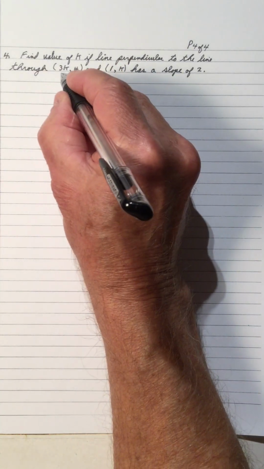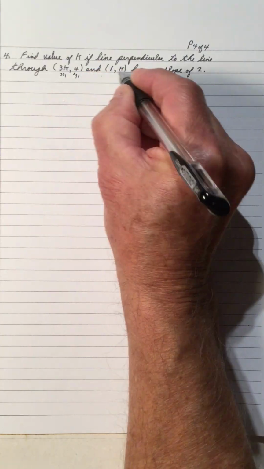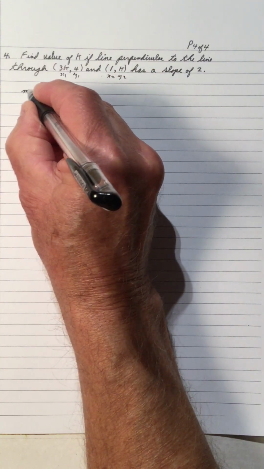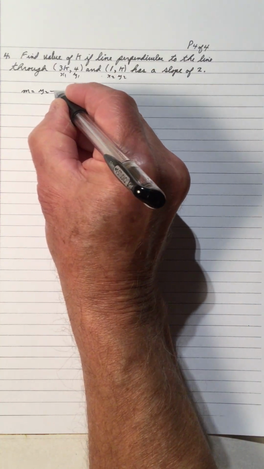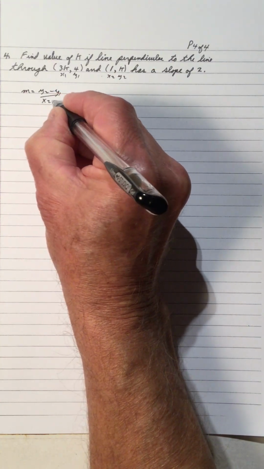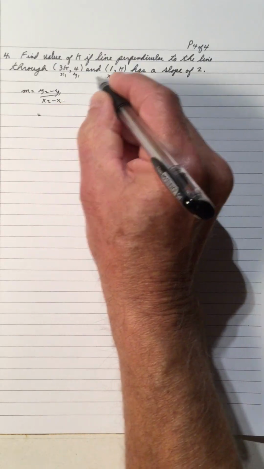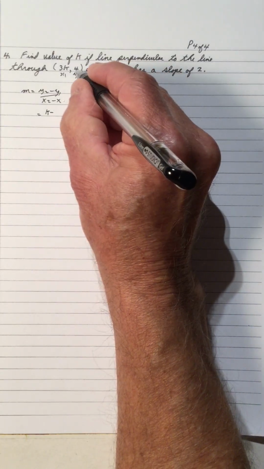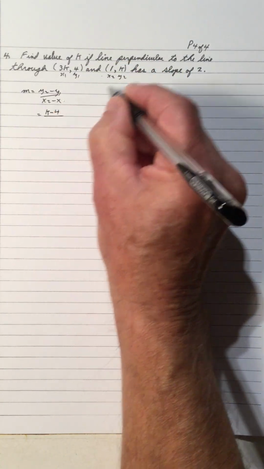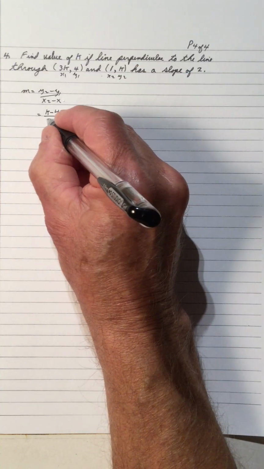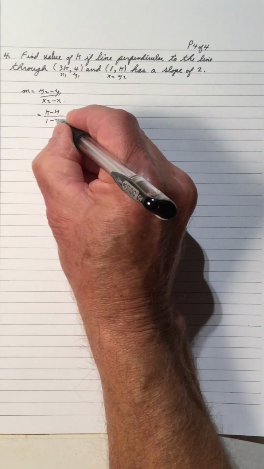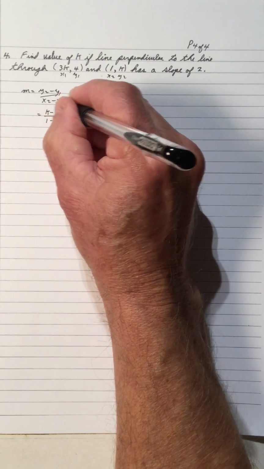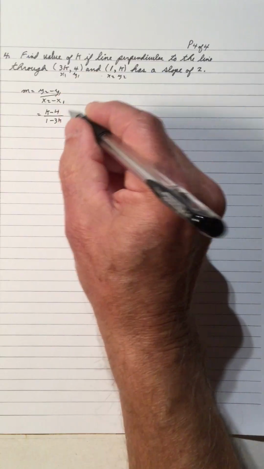So let's call this one x1, y1, x2, y2. The slope formula is y2 minus y1 over x2 minus x1. So y2 is k, minus y1 which is 4, and x2 is 1 minus x1, which is 3k.